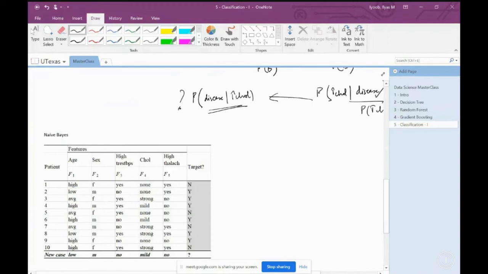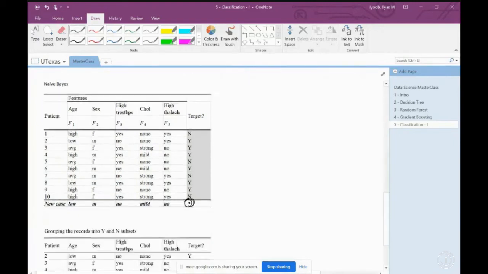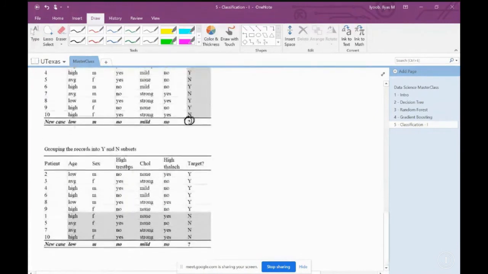The question is, does this person have the disease or not? So let's use Bayes to try to solve this problem. You see that this is a very probabilistic problem. I'll show you what machine learning has to do with it in a second.